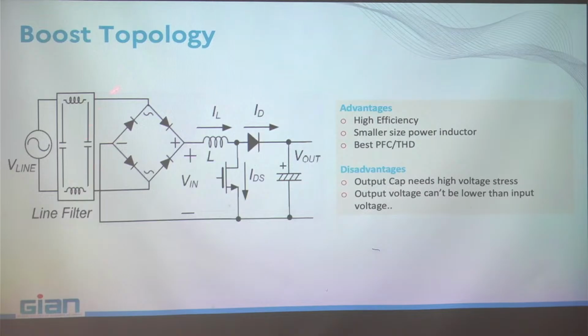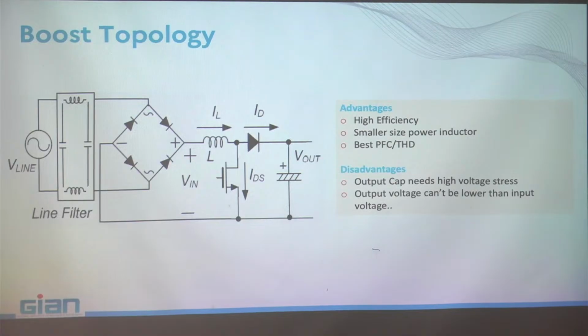You can look at it. Now, if you go to boost technology, the advantage is you have high efficiency, and a smaller size of inductor like before. This is the best one for harmonic distortion. The disadvantage is the output capacitor needs to withstand high voltage stress, and this can be problematic. And the output voltage cannot be lower than the input voltage.